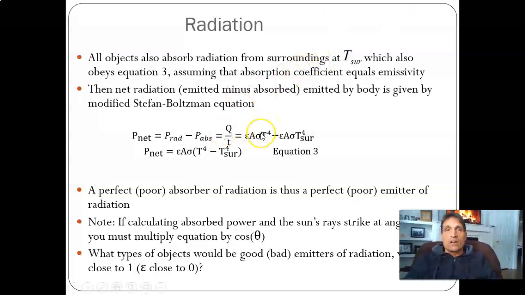And so we can calculate the net power, what we emit minus what we absorb, if we know our body temperature and if we know the temperature of the surroundings, and we apply the Stefan-Boltzmann for each of those terms. And if we collect these terms, the net power that we radiate depends primarily on the temperature difference between us and our surroundings.